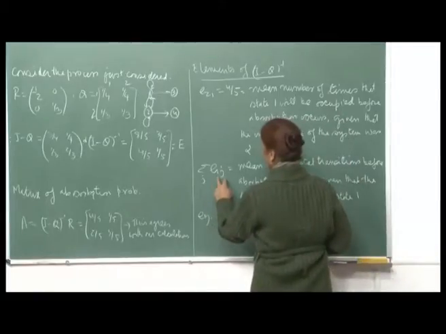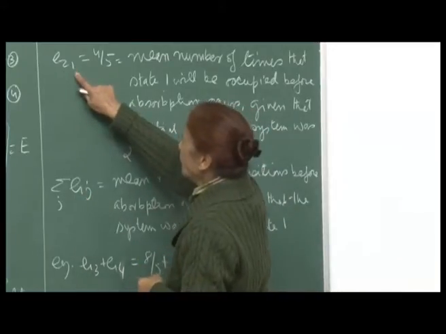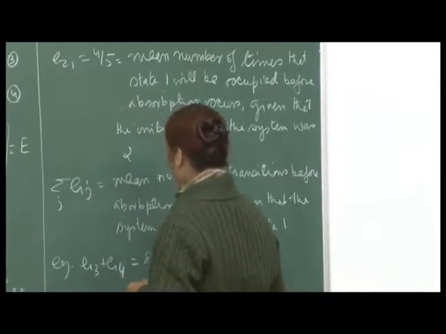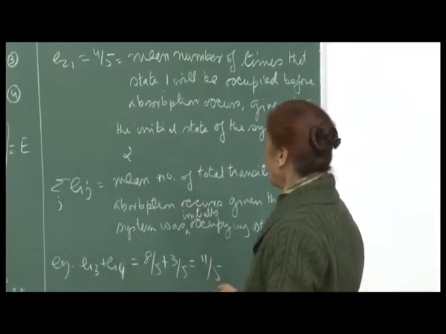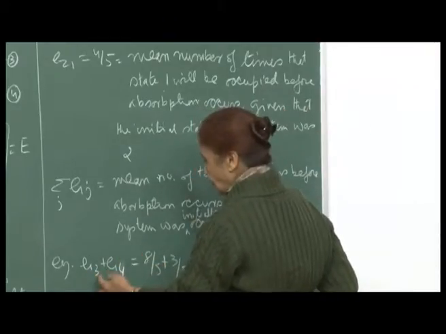So, now you want to compute these mean number of total transitions before absorption, because remember we computed E_21 here, then I could have also computed E_22, right, or for example, here if your starting state is 1, then you go to 3 or to 4.